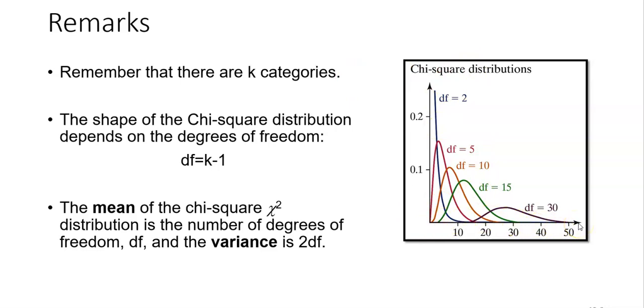And the mean of the chi-square distribution equals the number of degrees of freedom, and the variance equals 2 times the degrees of freedom. So here, the expected chi-square statistic is 2. Here, the expected value of this distribution is 5. The expected value of the chi-square distribution with degrees of freedom 10 is equal to 10.